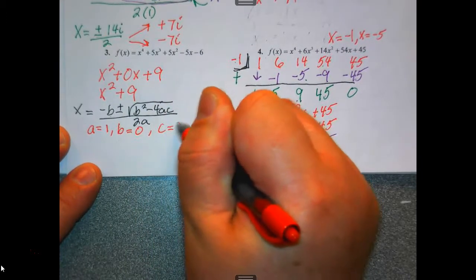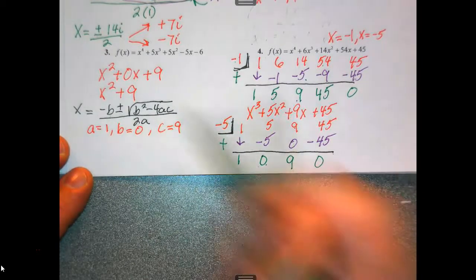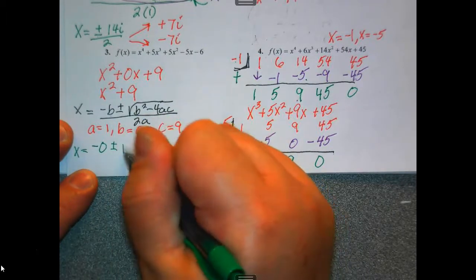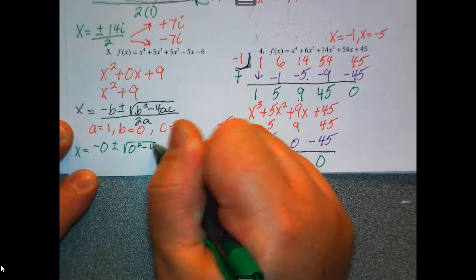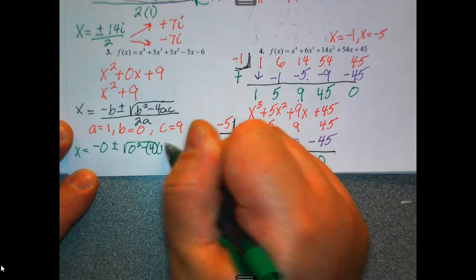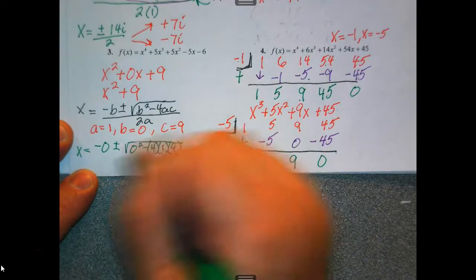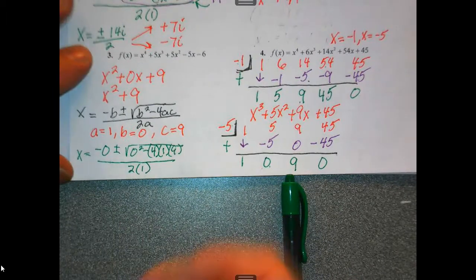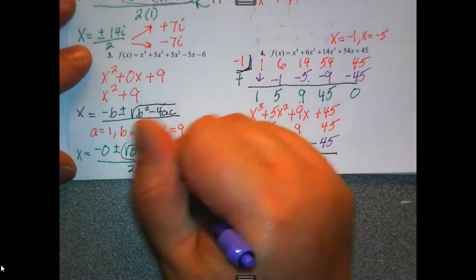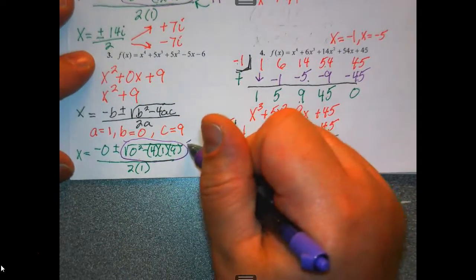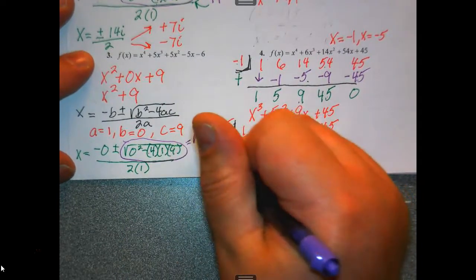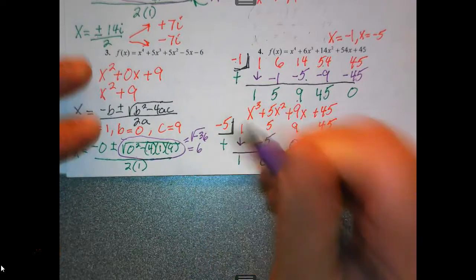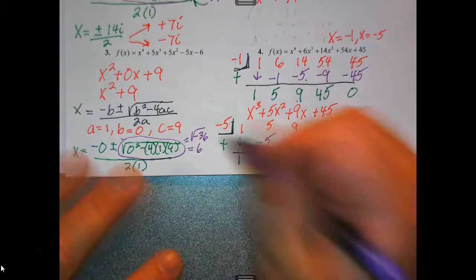Okay, let's plug it in. x equals -b, which is -0, plus or minus the square root of 0 squared minus 4 times a, which is 1, times c, which is 9, all over 2 times a, which is 1. Hey, discriminant. So we have the square root of -4 times 9, which is -36. What does that equal? 6i. Wonderful.